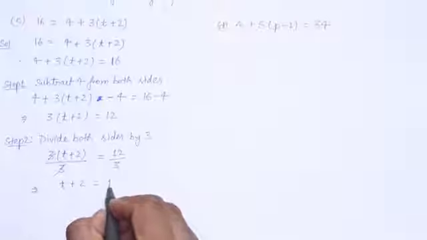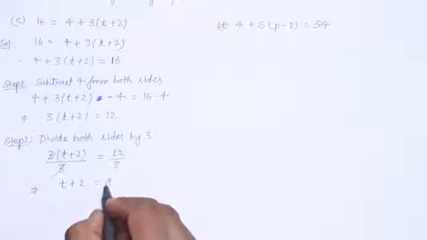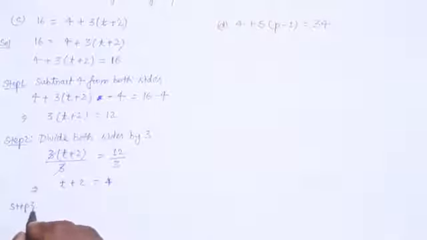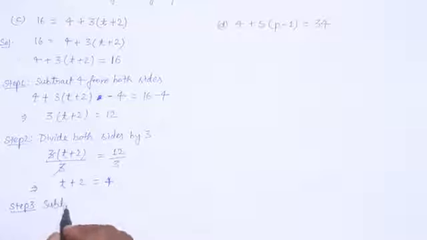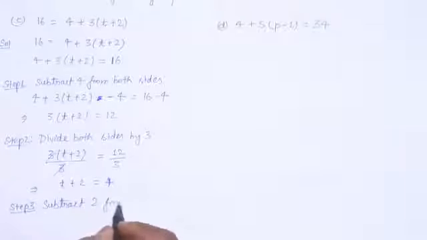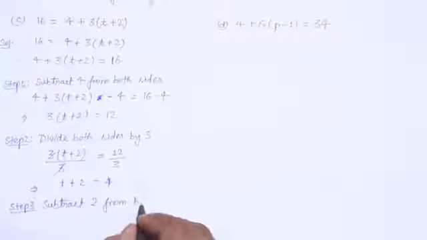So we have t plus 2 equals 12 by 3, which is 4. Now again we have to apply step 3 in order to obtain t only on the left hand side. So what we do, subtract 2 from both sides.